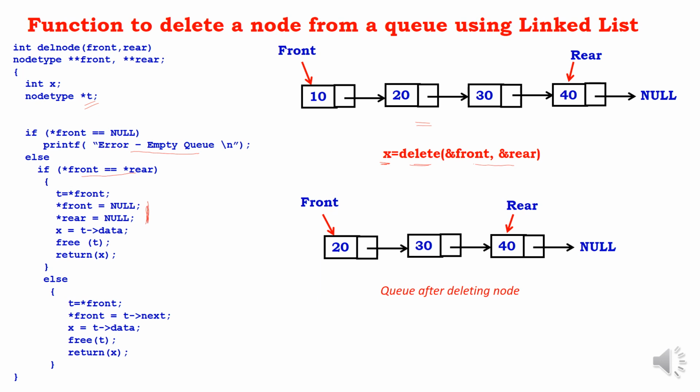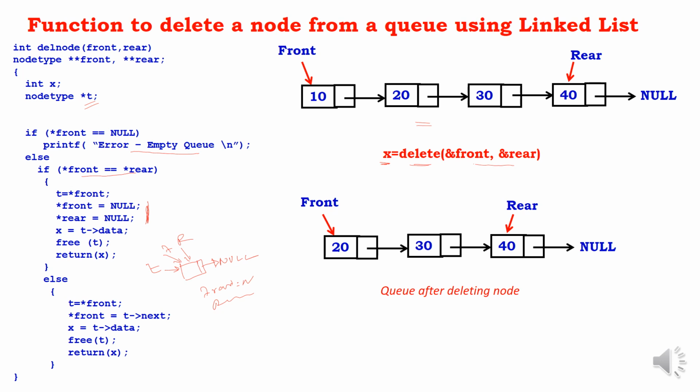Suppose there is only one node. This is front and this is rear and next is null. Then T is pointing to the front node. Then front is null, and rear is also null.